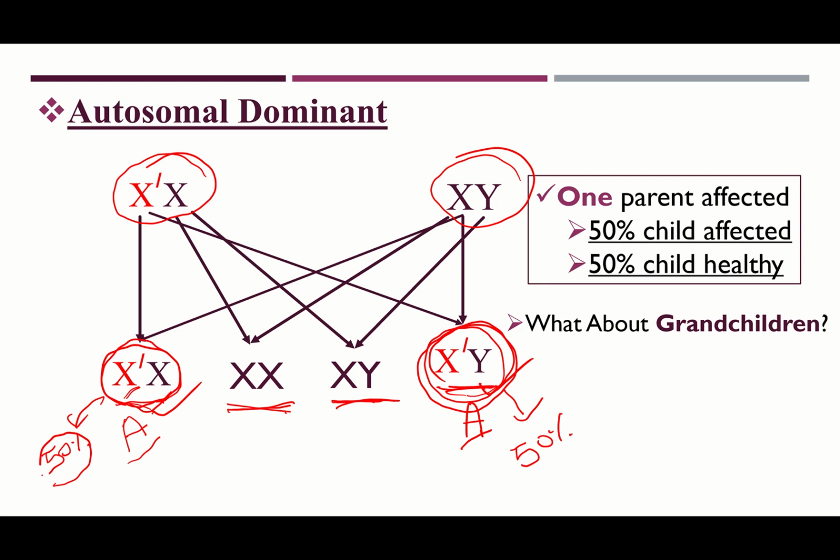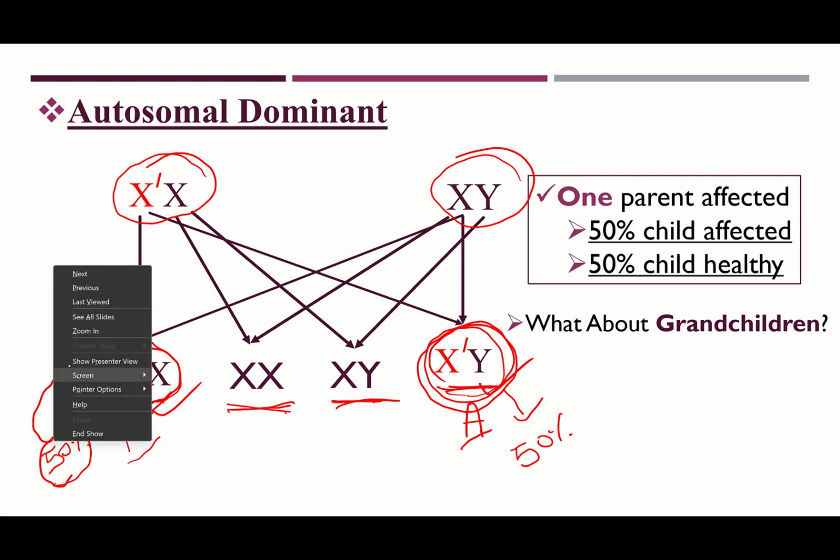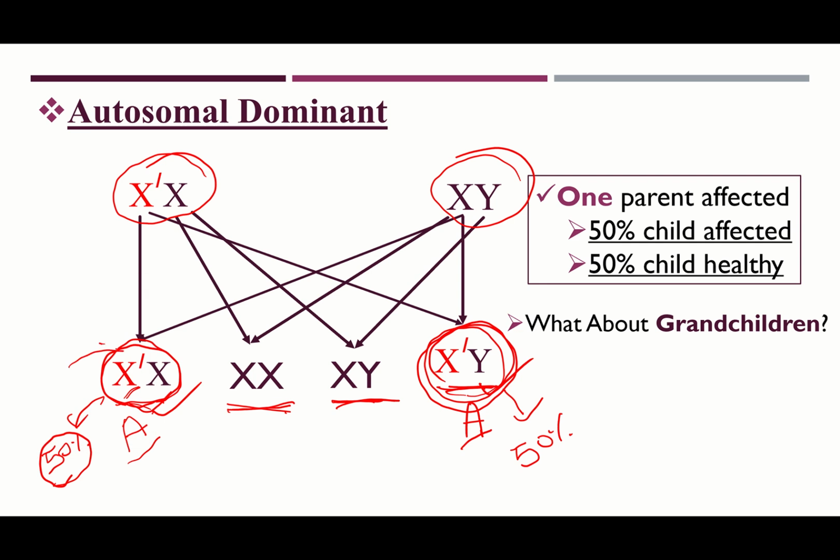But this 50% is related to who? This 50% is related to this one, right? Not to this guy. This here is the third generation and this here is the first generation. So when they ask you about the grandchildren, they're actually asking you the relationship of the first generation and third generation.